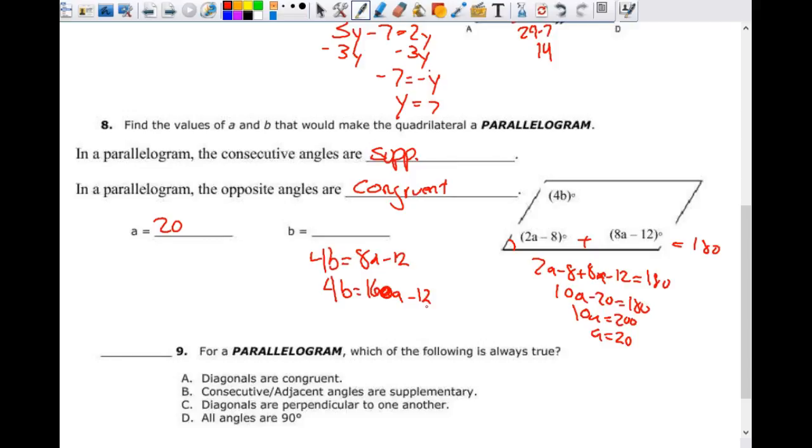It's 10a, that's 200. Oh, oops, there's no a. I'm sorry, that was our problem. I plugged in a already. So 160 minus 12, so we have 4b is equal to 148. So we need to divide both sides by 148. Or sorry, by 4. That's 3, so that's 12, 2, so that is going to be 37.